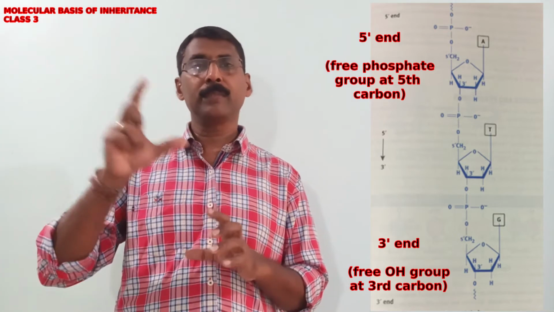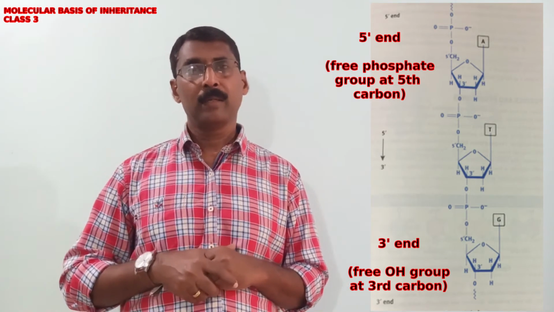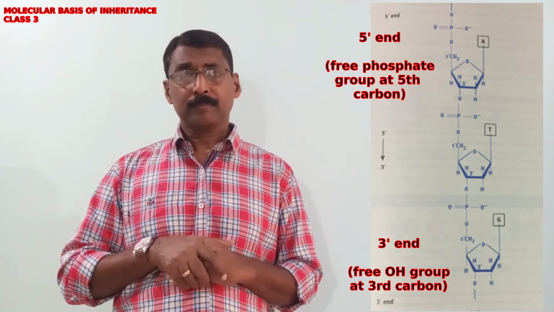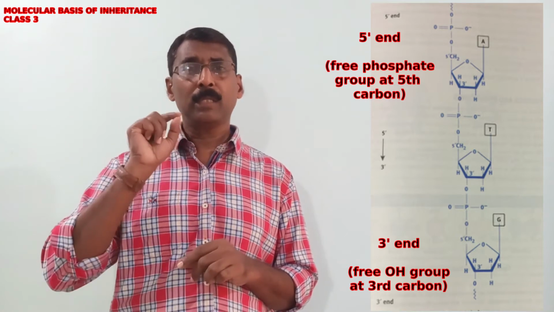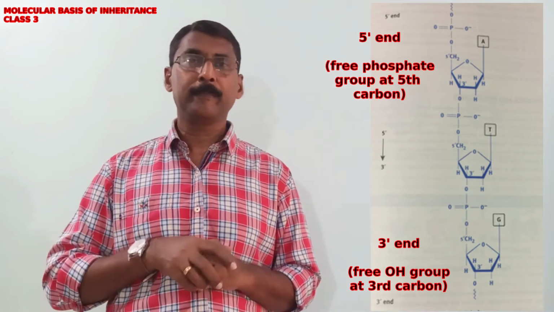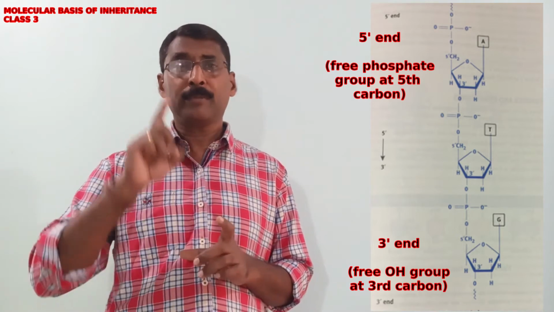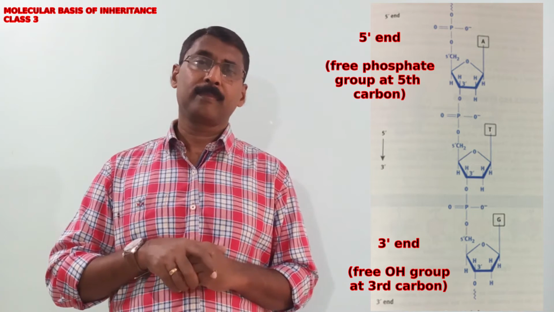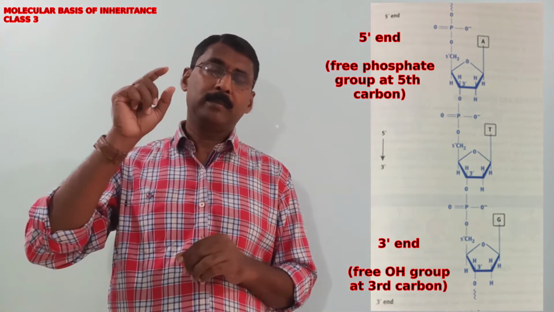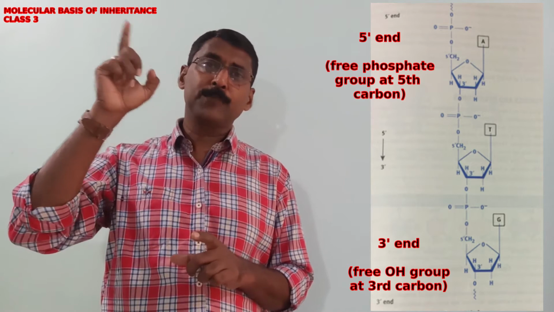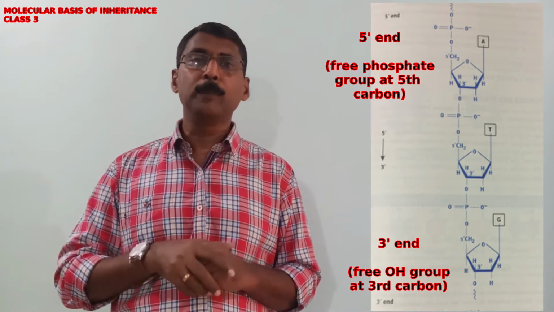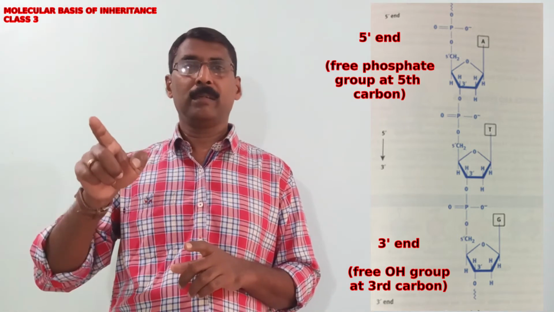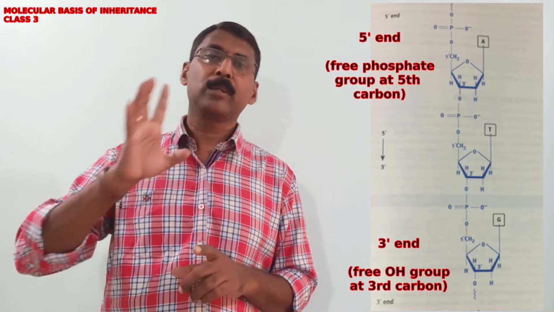In the first nucleotide of the nucleotide chain, the fifth carbon atom of the sugar of the first nucleotide would have a free phosphate group, without being connected to any other nucleotide.